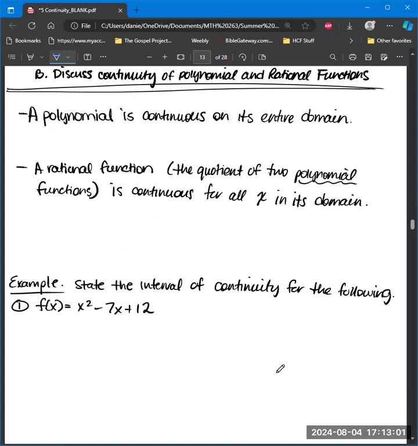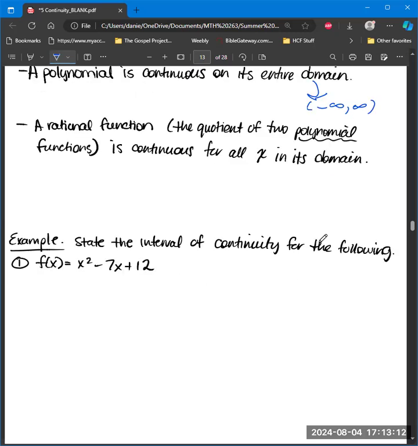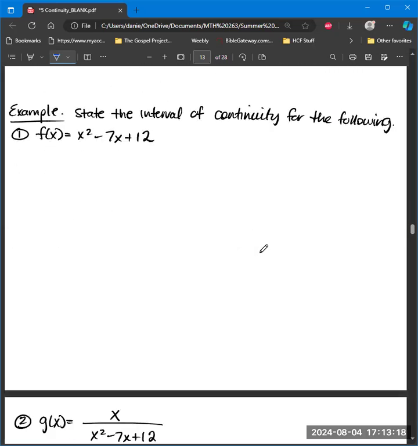A polynomial is continuous on its entire domain. Its entire domain will be negative infinity to infinity. A rational function will be piecewise continuous on its entire domain. We're going to remove any vertical asymptotes or places where holes occur. So let's state the interval of continuity for the following. f of x is equal to x squared minus 7x plus 12. Don't even need to think about it. It's a polynomial.